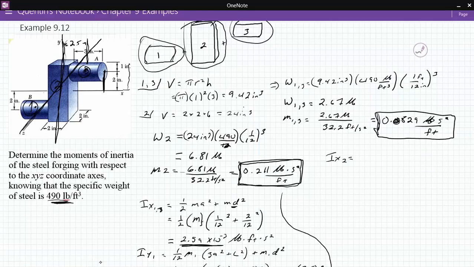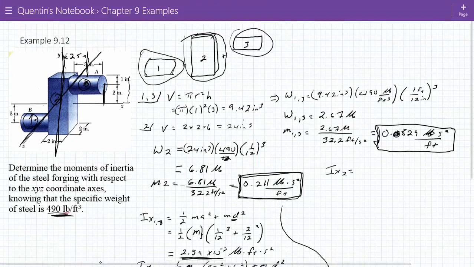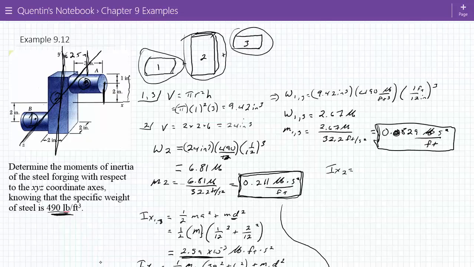So coming back here, Ix, and the nice thing about this, fortunately, is that it's actually centered at the centroid. So we don't have to use a parallel axis here, which makes life a little bit easier on this one. So it's going to be 1/12 m2, and then a squared plus b squared. So what are the two distances for the x-axis?